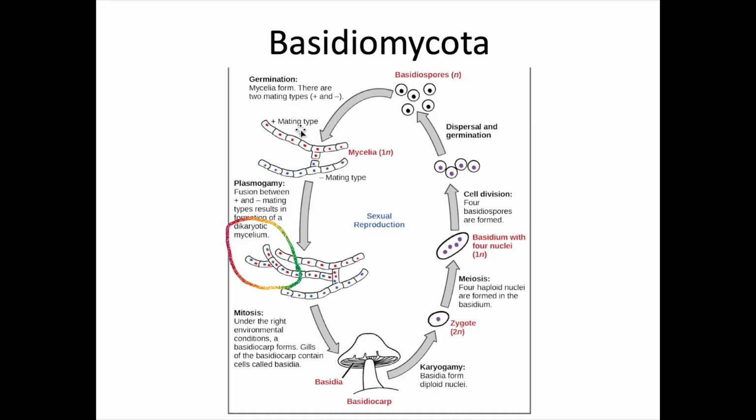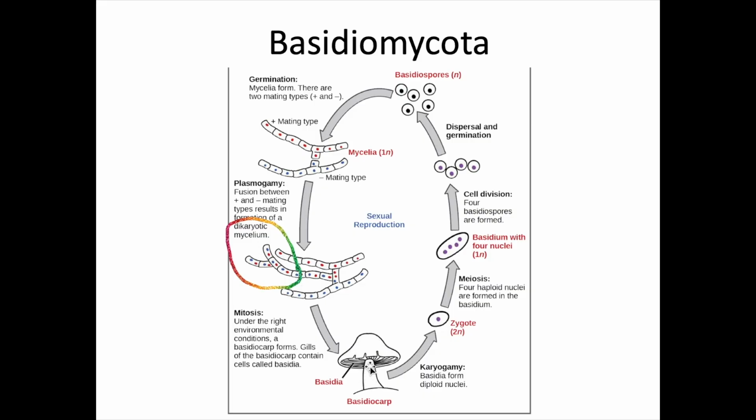This is kind of like two organisms in one, because this is haploid mycelium growing and absorbing nutrients and doing its thing. This dikaryotic mycelium is a whole other entity. And in fact, it's the mushrooms that we know and love that are made of entirely dikaryotic mycelium. So yeah, this big, huge multicellular structure is all made of these dikaryotic cells.